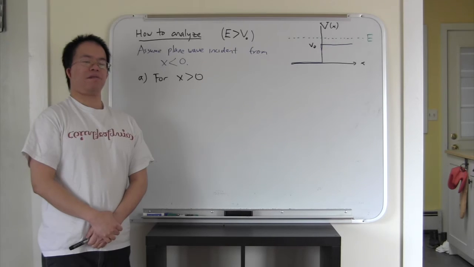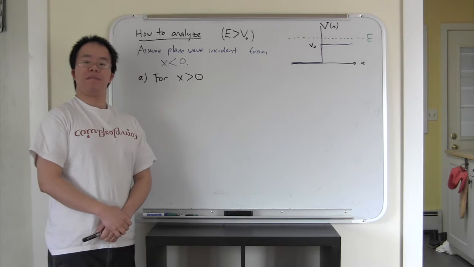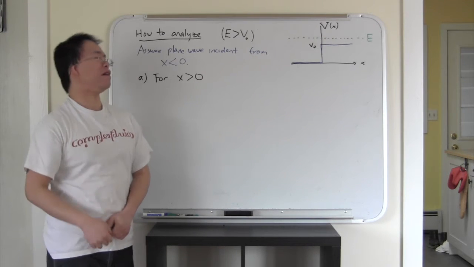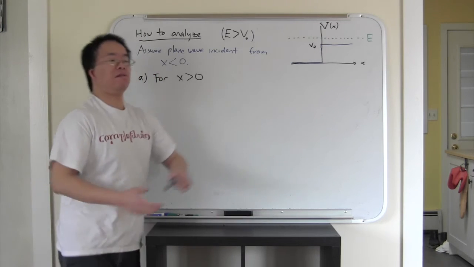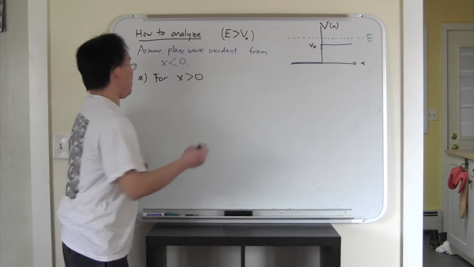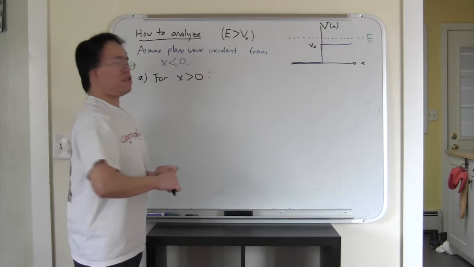Now, for x greater than 0, the time-independent Schrödinger equation is going to take a slightly different form because my potential energy is non-zero for positive x.